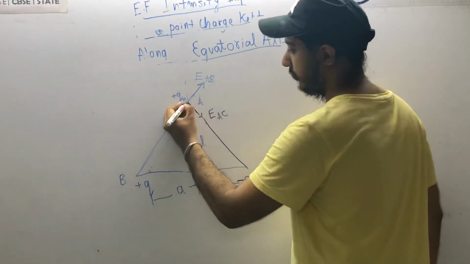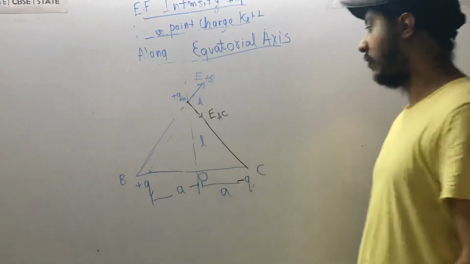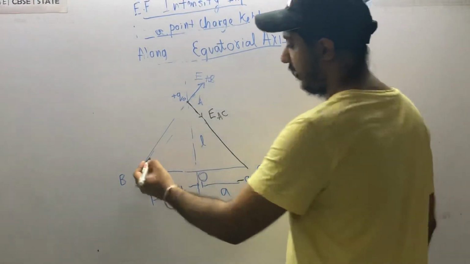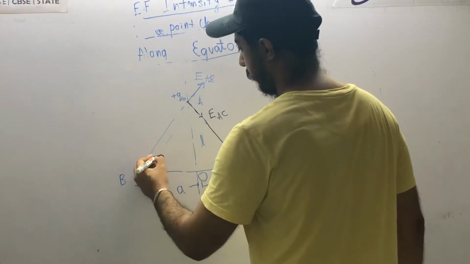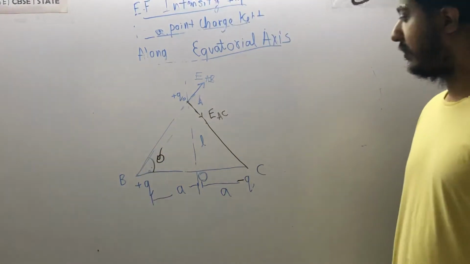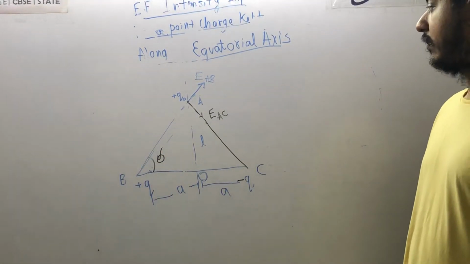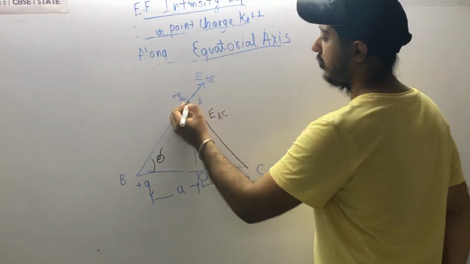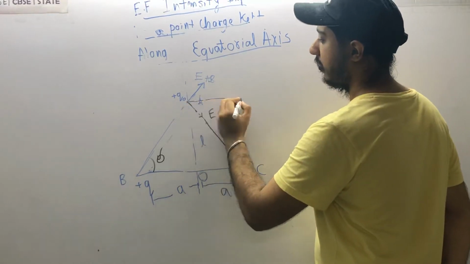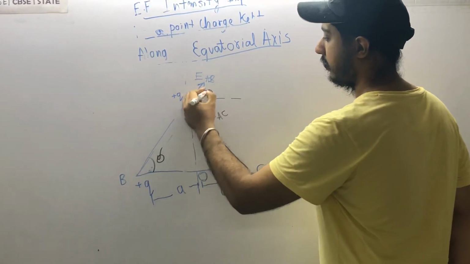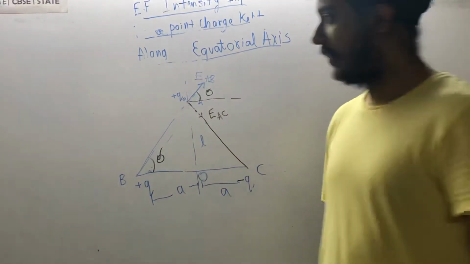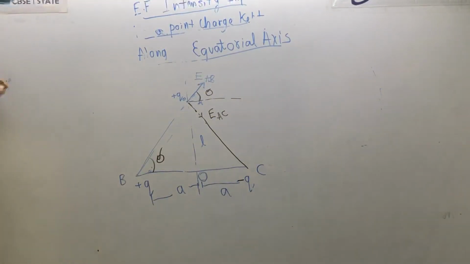Now I will assume this angle is theta. This angle is theta, and this angle also will be theta. I will show you in detail what I am talking about here. I will make a bigger diagram.